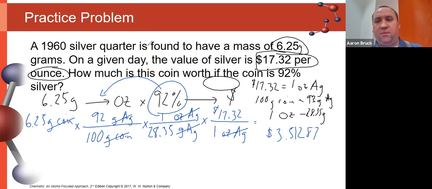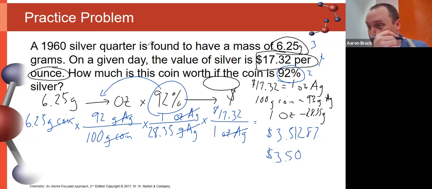From a sig fig standpoint, how many do I keep? Well, this measurement has 3 sig figs. This conversion has 4. The percentage only has 2. So from a technical standpoint, based upon that, $3.50 would be considered the most correct, at least according to our rules for significant figures.